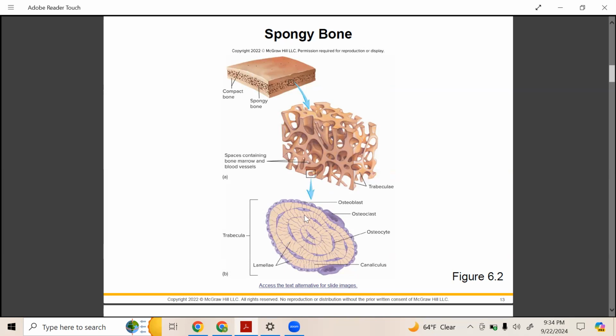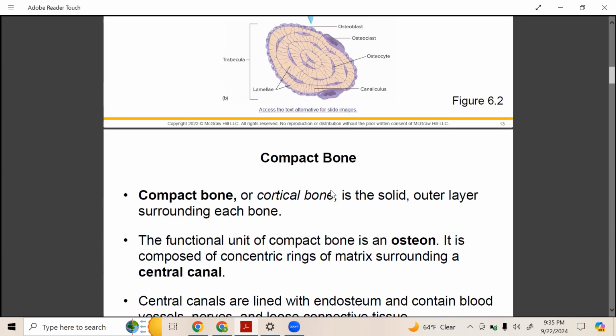And then the layers that are already developed, where we're organized into these rings or lamellae, you see the osteocytes are sitting here in the lacunae, and they're surrounded by extracellular matrix. Once we get all the way filled in, we become an osteocyte, but our outer layer is going to have those immature blasts and clasts that are still laying down and breaking down bone.